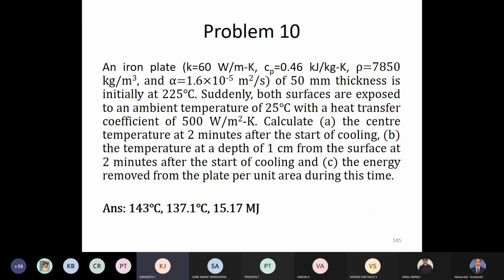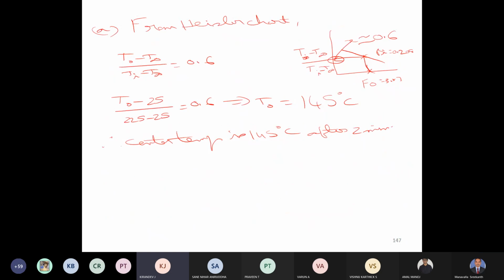All right. Our next question is, find the temperature at a depth of 1 centimeter from the surface at 2 minutes after the start of cooling. So we have part B. From here to here it is 0.5 centimeters, and from this surface, let us say this is 1 centimeter.